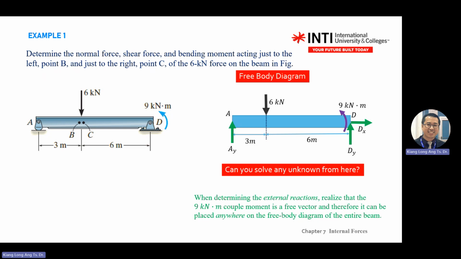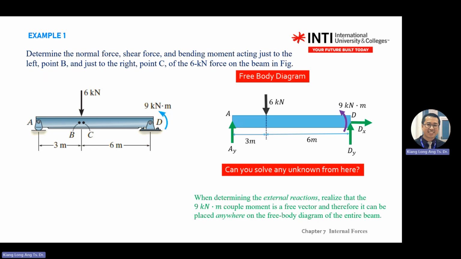Okay, once you find your AY, you can either use moment at A equals 0 again, anti-clockwise positive, or you can go back to all the force in Y equals 0, go up positive.